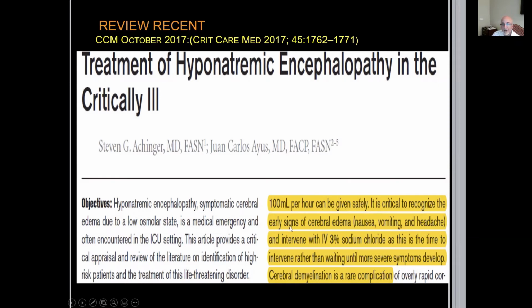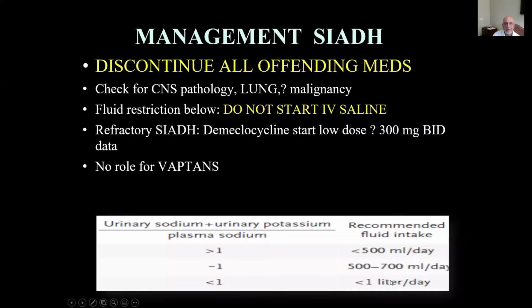It is critical to recognize early signs of cerebral edema, including nausea, vomiting, and headache, which we tend to ignore, and intervene with IV 3% hypertonic saline rather than waiting until more severe symptoms develop. Cerebral demyelination is a rare complication.